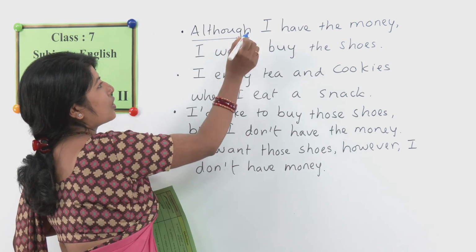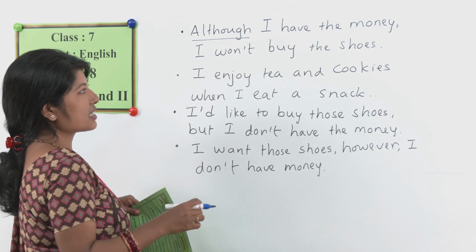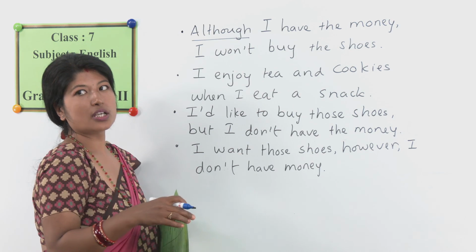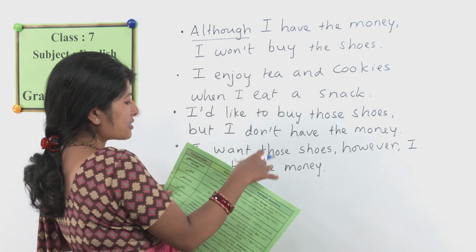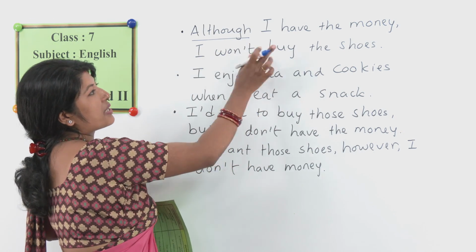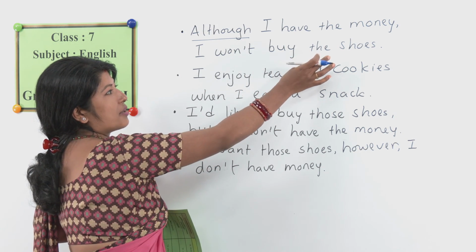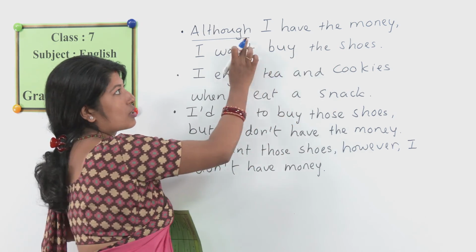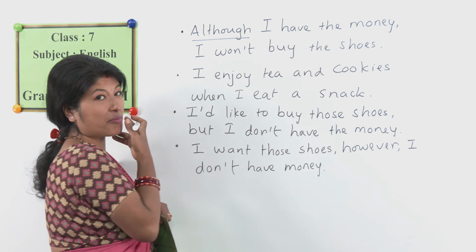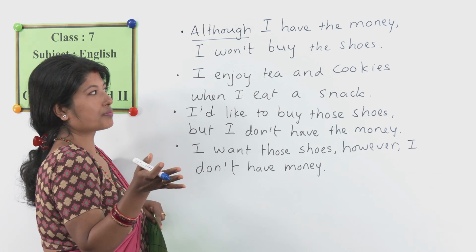Okay. Look at here. Although I have the money, I won't buy the shoes. Here it says it doesn't matter. It doesn't make a difference whether I buy shoes or not. Although I have money, I'm not going to buy it.